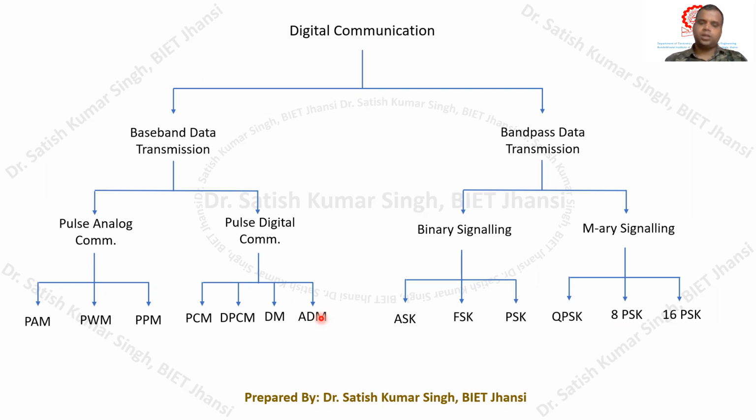In the case of digital communication, the message signal that we use is generally not analog in nature. We take a digital message signal. So basically, once we have an analog message signal, first we need to convert it into a suitable digital form.